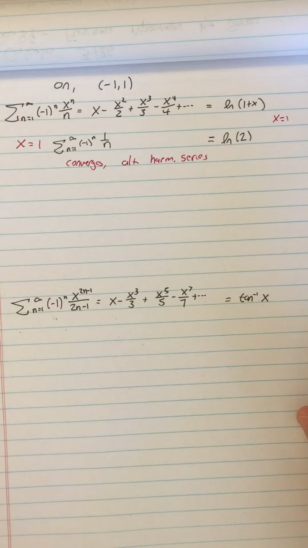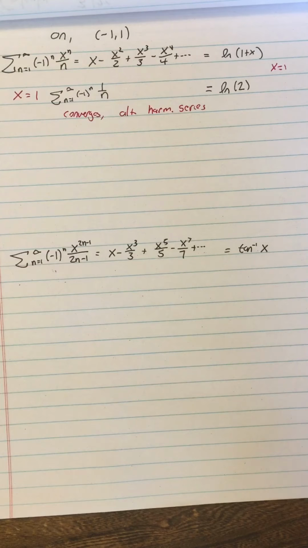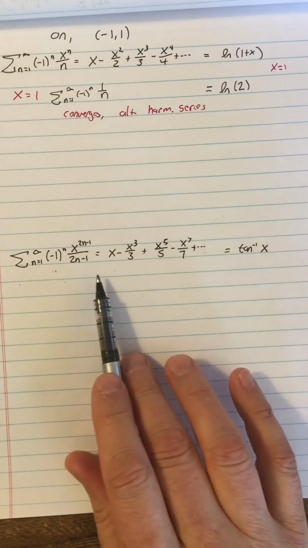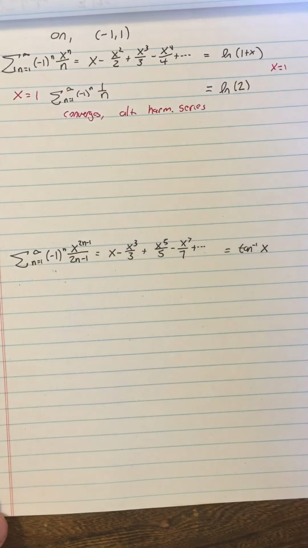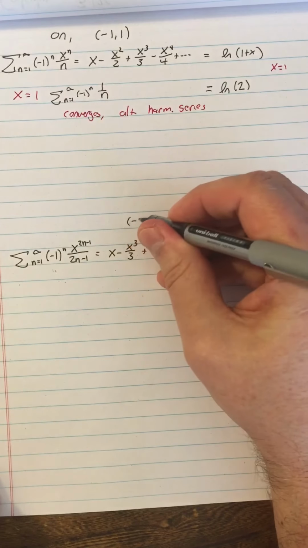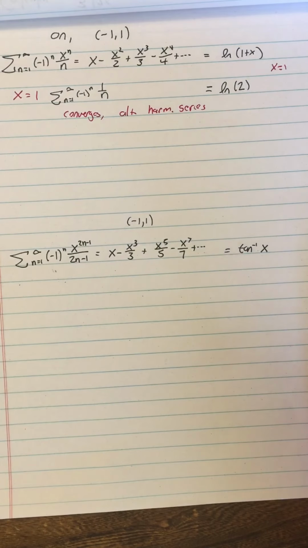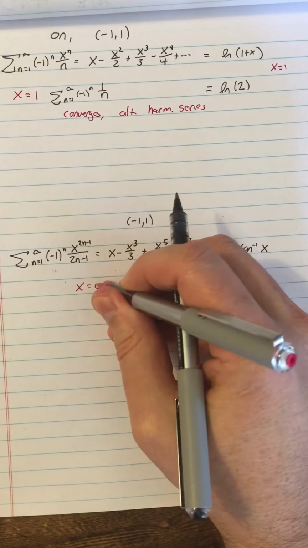Now, let's look at this one where we're saying that this series converges to inverse tangent of x. So I thought I'd look at what it means that this series converges to inverse tangent of x. I chose a number that was solidly within the interval of convergence, which is negative 1 to 1, and I chose, what if x equals 0.5?